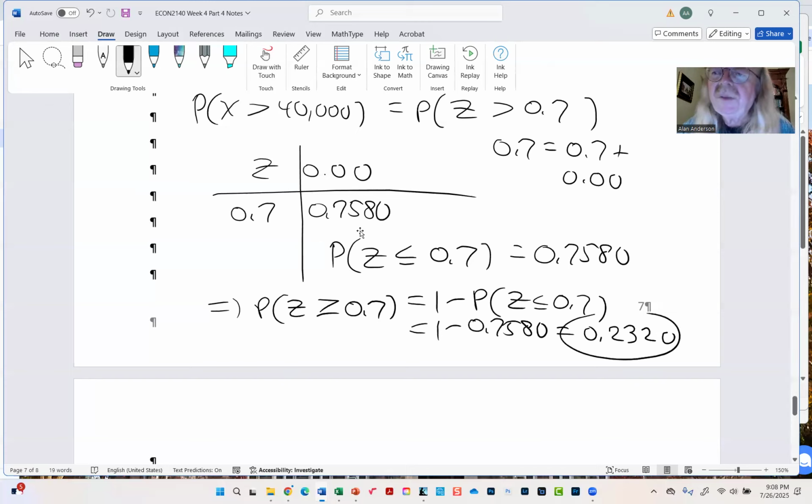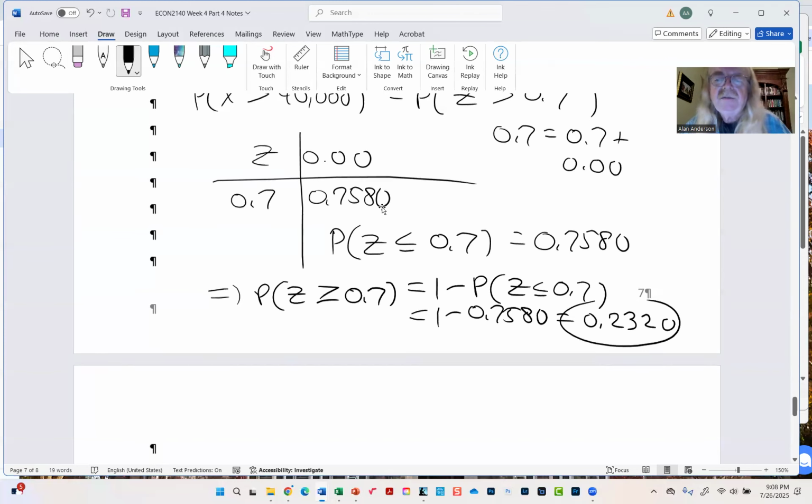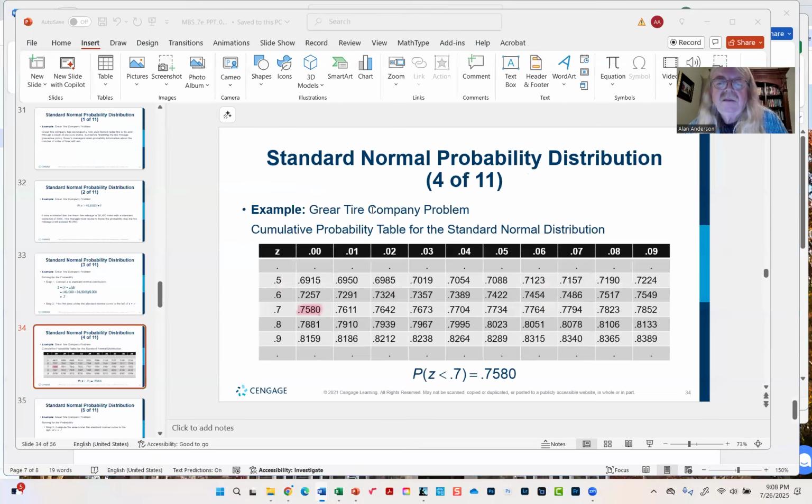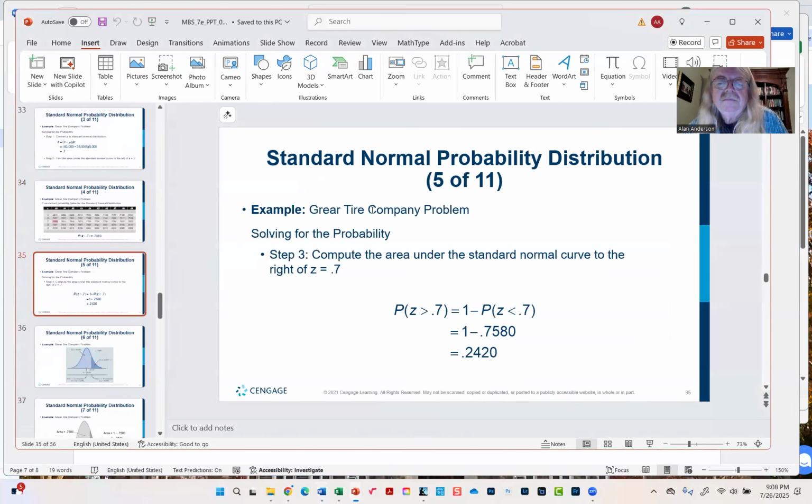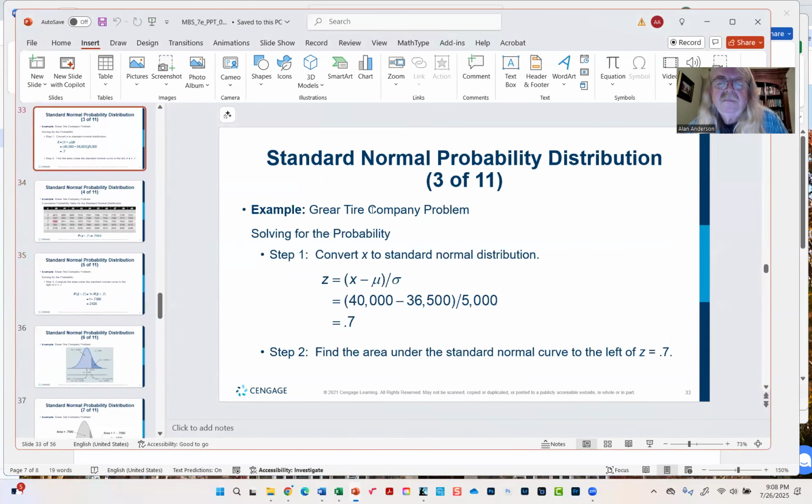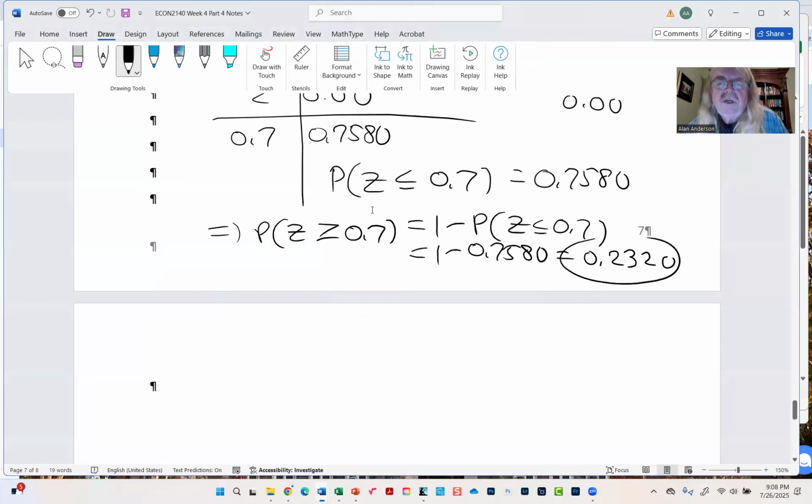So approximately 23.2% of the tires should last at least 40,000 miles. Oh, sorry. That's what I get for doing it in my head. It's 2420.